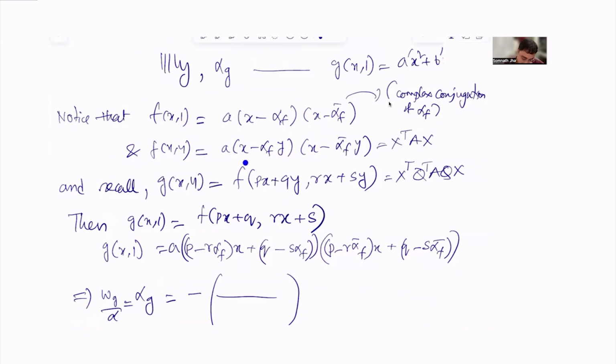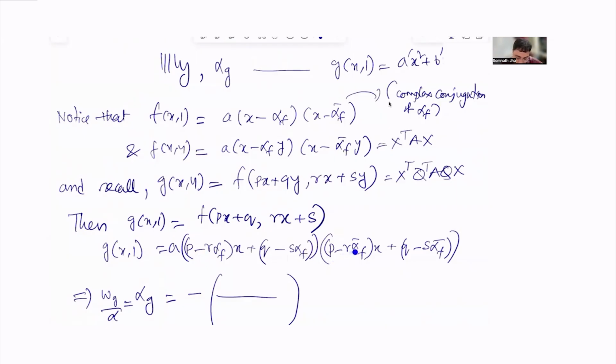So you get a into (px plus q minus alpha F into (rx plus s)), and then the other factor with alpha F bar into (rx plus s). So that's exactly what you get.